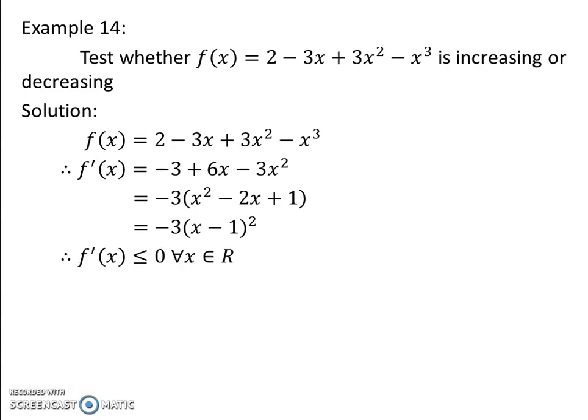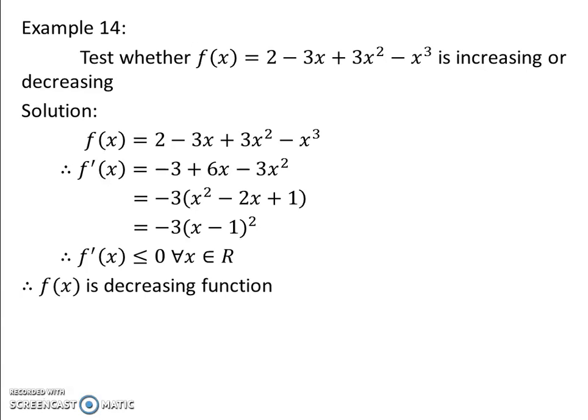So for any value of x belonging to R, x minus 1 bracket square will be greater than or equal to 0, because a square is always non-negative, and for x equal to 1 it is equal to 0. So the minus 3 remains as it is. This is a negative number, this is a non-negative number, so obviously the product will be negative, and for x equal to 1 it is 0. Therefore f dash of x less than or equal to 0 for every x belonging to R. Hence, using the earlier result, f of x is a decreasing function.